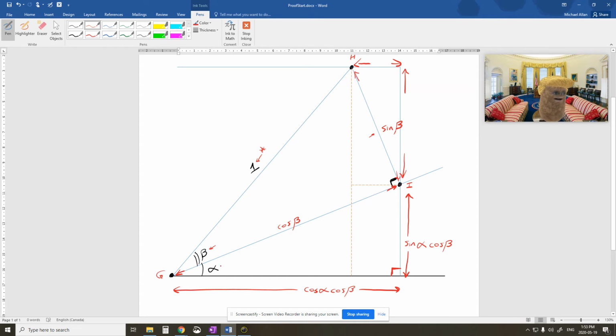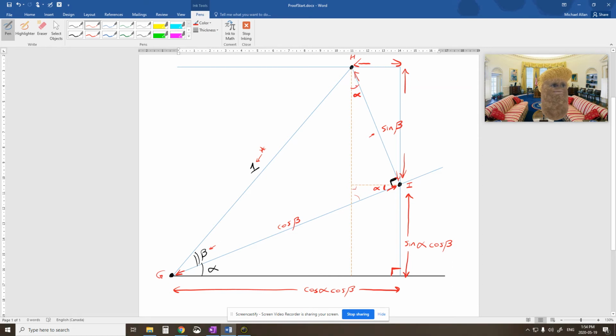If this is alpha down here, therefore this angle right here is also alpha. I'm not going to show the proof behind that, but that's just opposite interior angles. And this is 90 degrees. That's alpha here. This will also be 90 degrees here. And then I can find out what this angle is here, and then use that to find this angle, which ends up being alpha as well. So I know that this angle up here is alpha. We could show that with that 90-degree triangle if you wanted to later on.